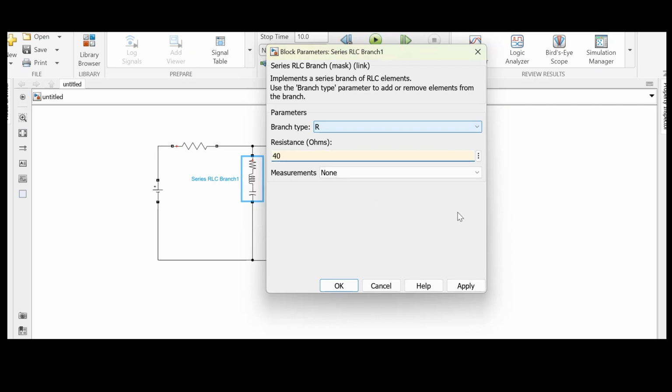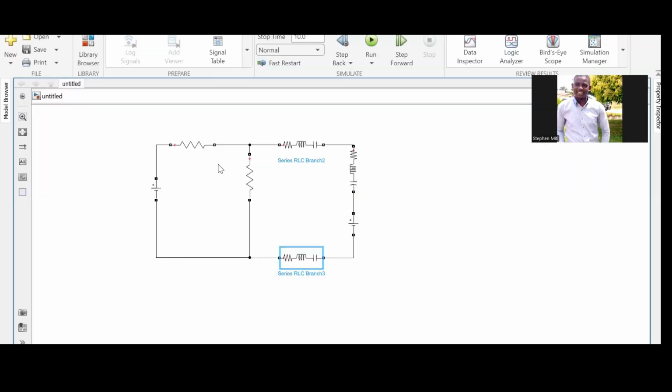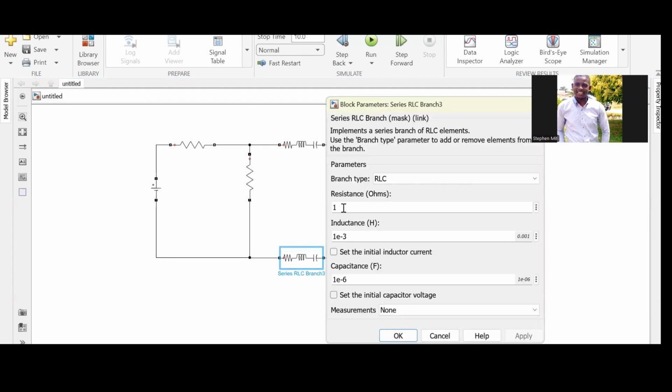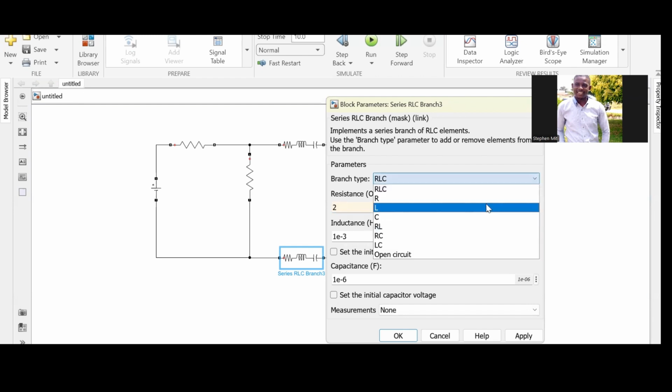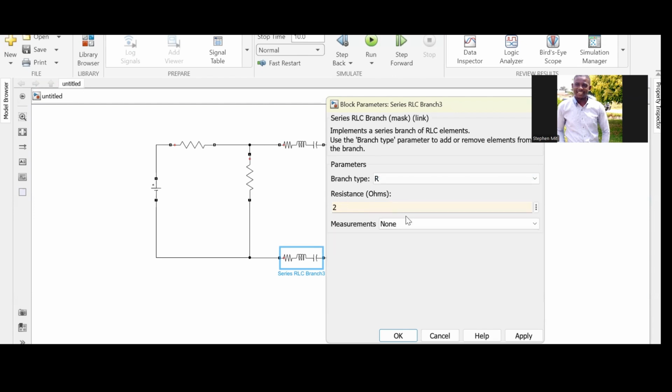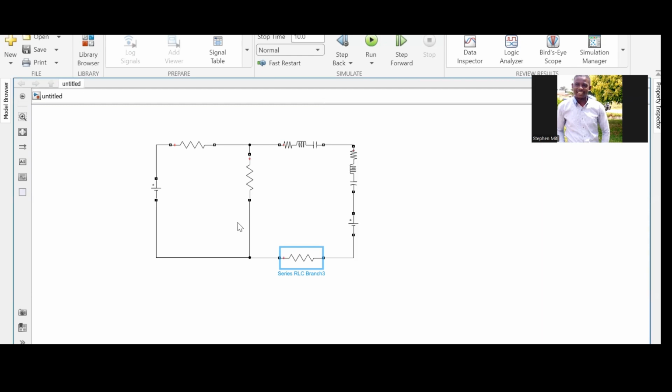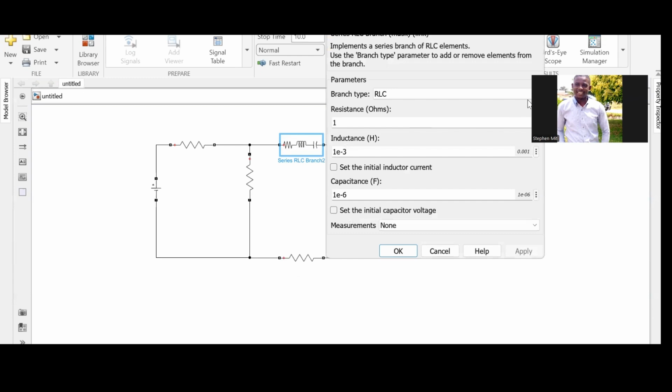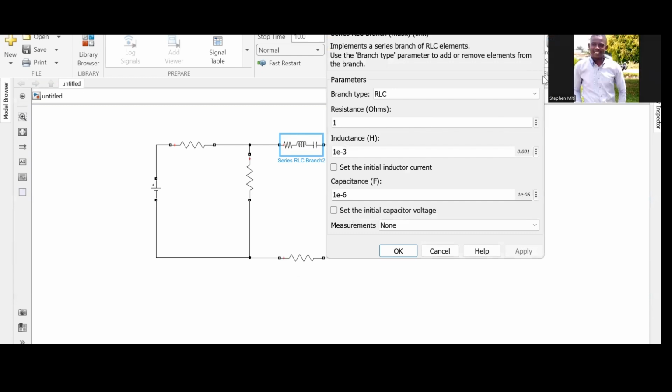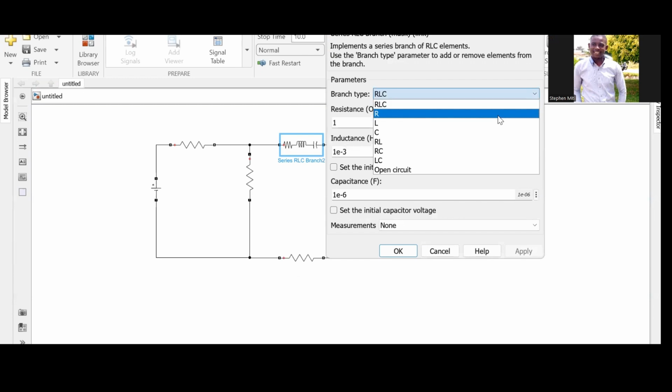And then one also was a resistor here. This was how much? Was it 2 ohms, I think? Yeah, 2 ohms. So it's a resistor. R, 2 ohms. Apply. And then we also have this, also a resistor. What value was it?